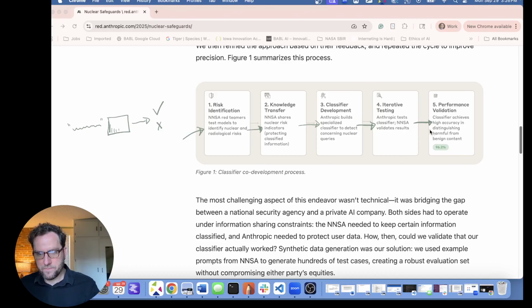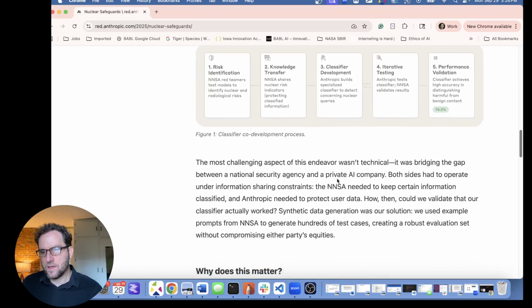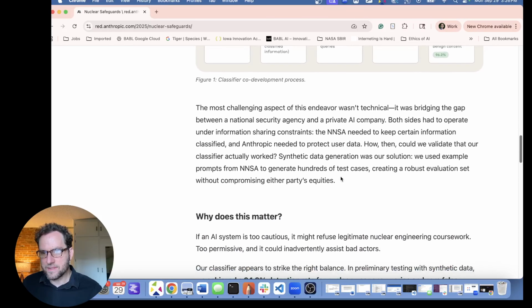the performance here. Okay? One thing that was apparent is that one of the problems is protection of IP. They said one of the biggest challenges here is balancing national security versus a private AI company's interest in intellectual property and their combined interest in safety.